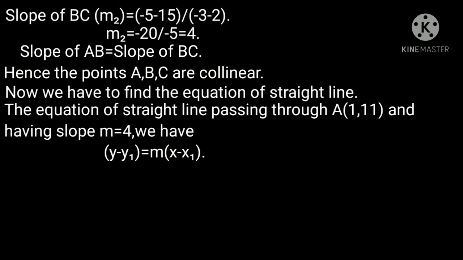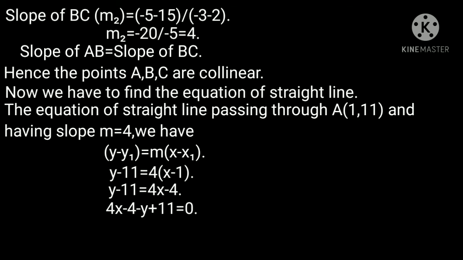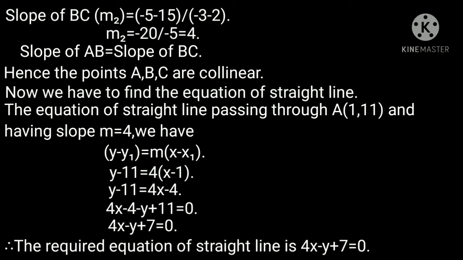Here we substitute the x1, y1 and m values, then the equation becomes y minus 11 equal to 4 into x minus 1. After simplification, y minus 11 equal to 4x minus 4. Taking all values to one side, 4x minus 4 minus y plus 11 equal to 0. After simplifying the above equation, 4x minus y plus 7 equal to 0. This is the required straight line equation. Therefore, the required equation of the straight line is 4x minus y plus 7 equal to 0. This is our given problem solution.